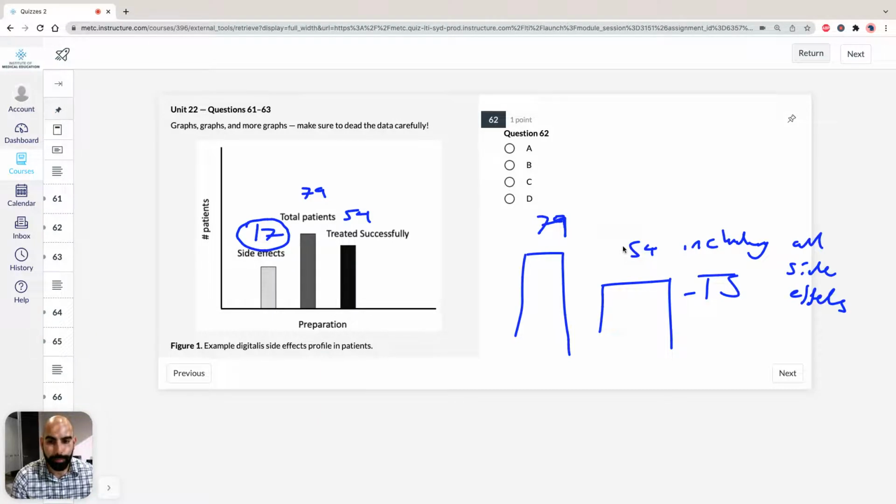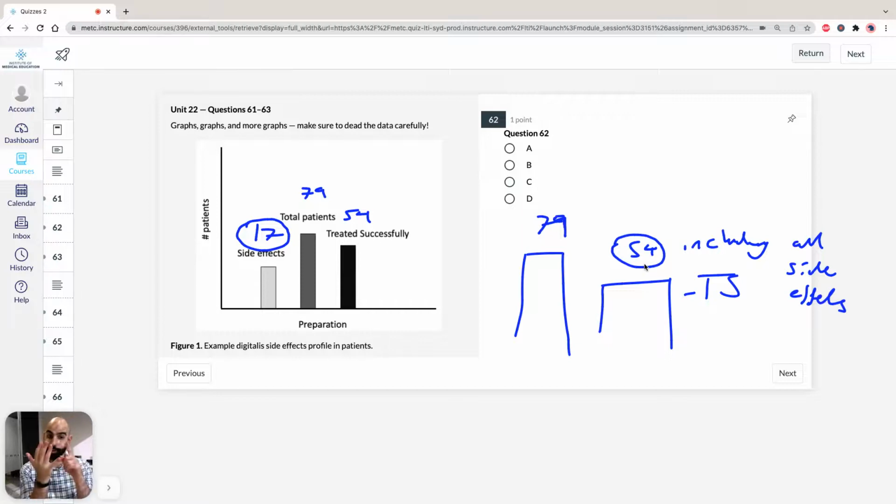So we know it can't be this group if you draw a Venn diagram. Patients who are treated successfully can't be this group because these are the ones that were treated successfully. So we've ruled out 54 people already of the 79. Patients who had a side effect, we know that all of them were treated successfully, so they're in this group.